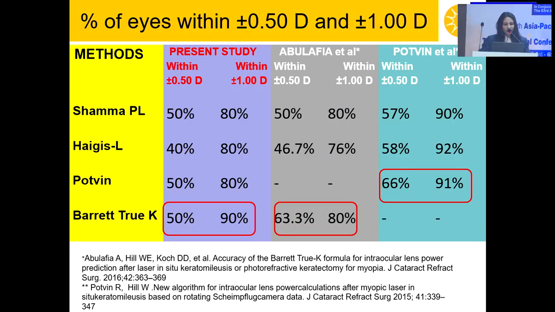Coming to refractive prediction error, the results were better in the Barrett True-K formula as compared to Abulafia et al., and Potvin-Hill et al. reported better outcomes in the Potvin-Hill formula.